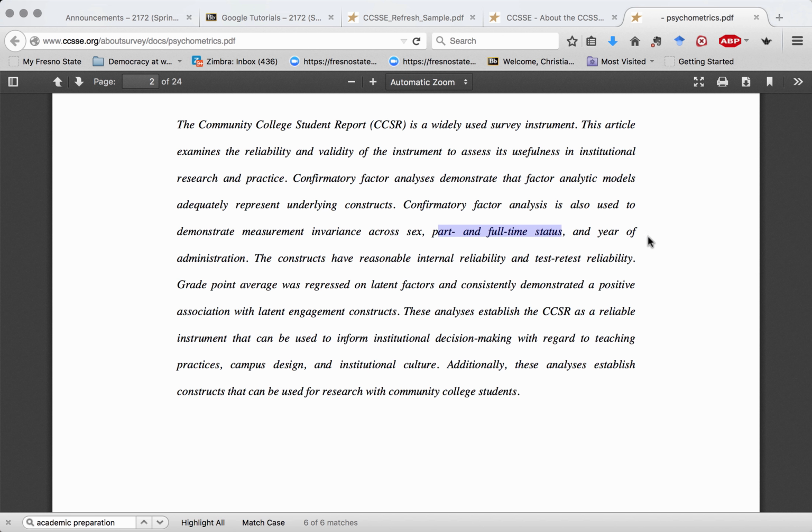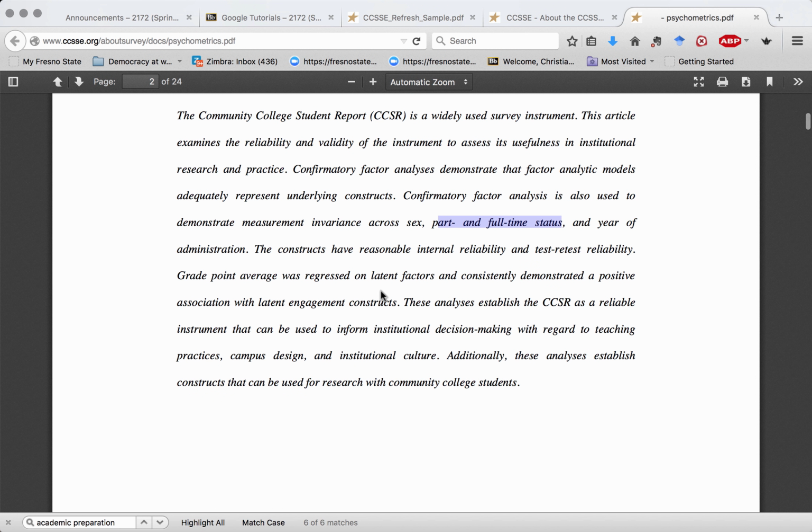So here they actually had 3 years, right? So it can be more than 2 groups, right? Gender had 2 groups, full-time status was 2 groups, but year was 3 groups. So basically this is the test: does this structure vary across different years? So it's a plus when the structure does not vary across the different years.